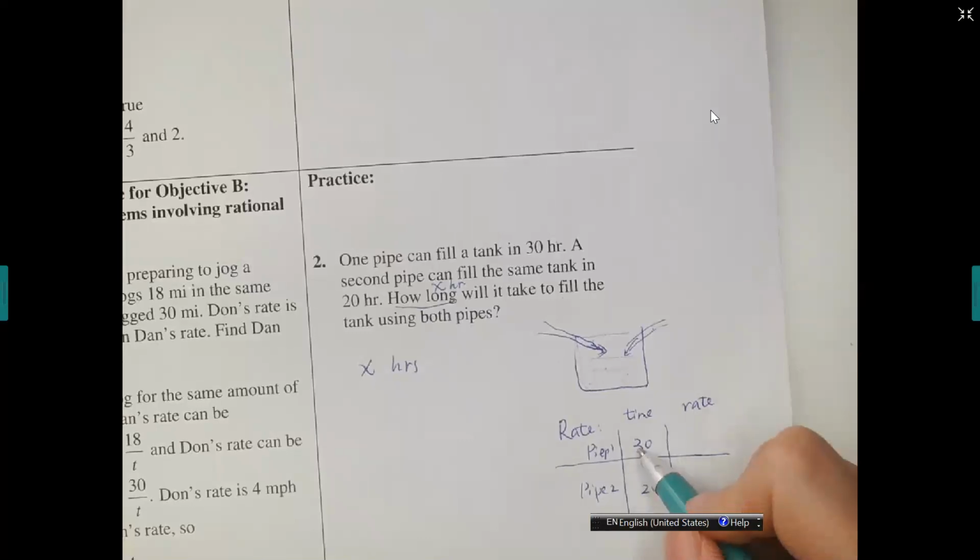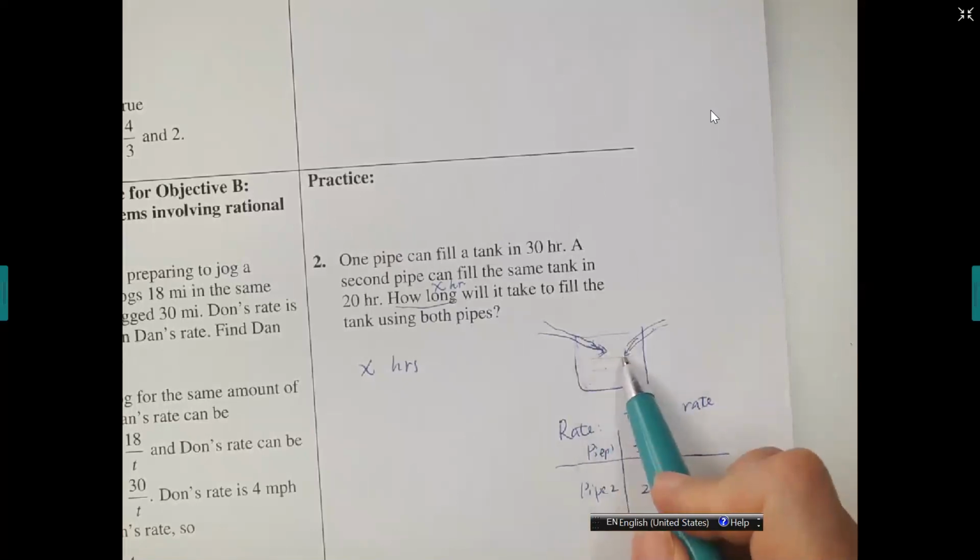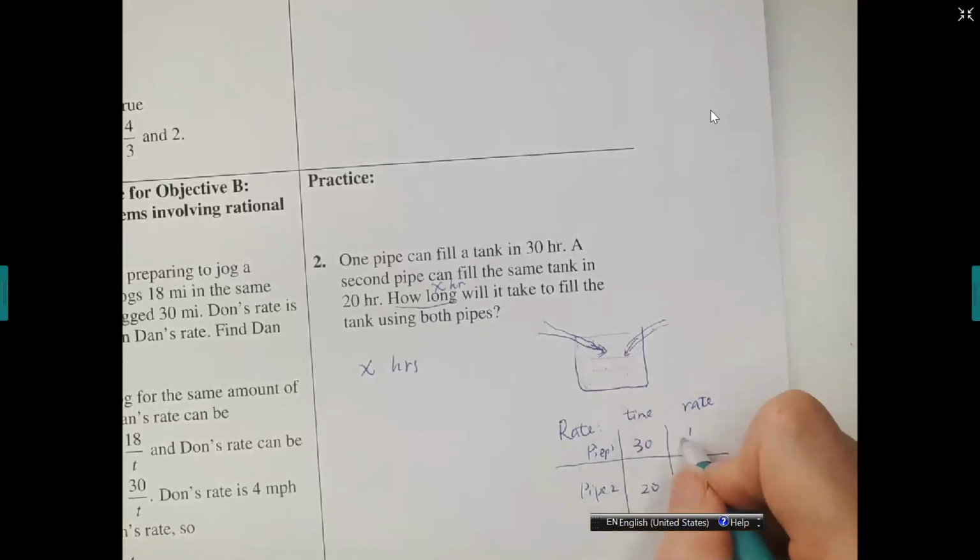Okay, then the second one, we'll see the rate. So the rate means per 1 hour. If pipe 1 fills the tank using 30 hours, then in 1 hour, how much of the tank is filled by the pipe? It uses 30 hours to fill the tank, so in 1 hour, it will only fill 1/30 of the tank.